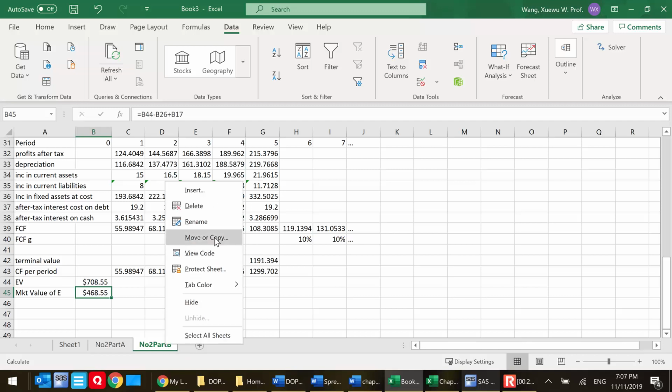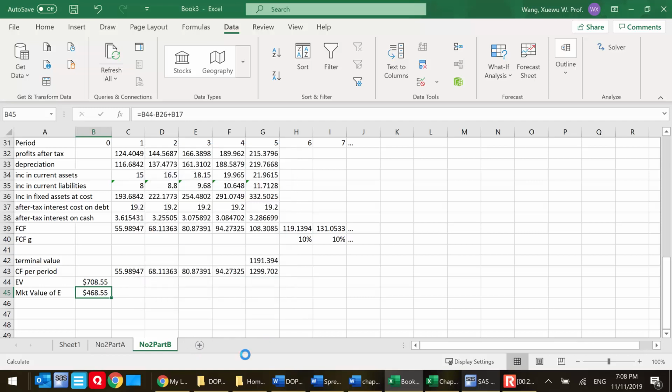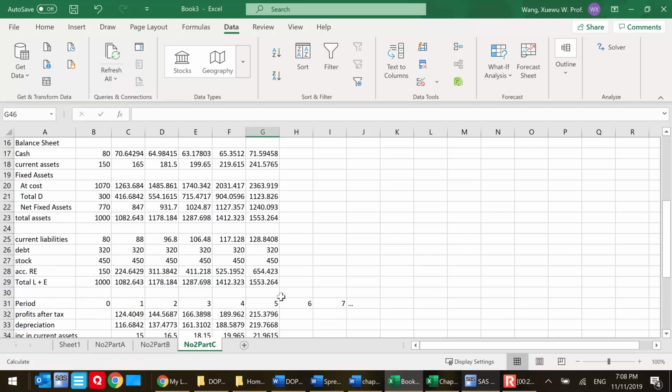How about we just make a copy of this part? I'm going to move it to the end, and I'm going to call this part C. I'm still recycling from the existing work I did for part B. Now I'm going to look at SGA expenses.